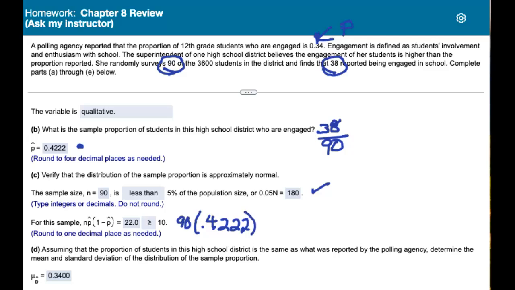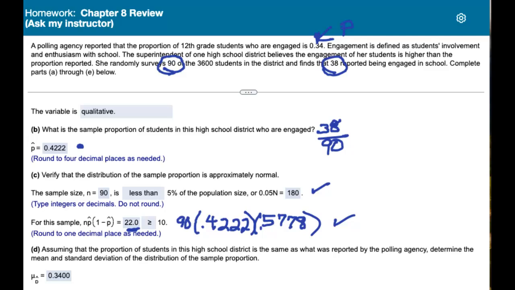And q hat is 1 minus p hat, so that's 0.5778. We multiply that together, and we find that it's equal to about 22, which is definitely greater than or equal to 10. That's our second test. We've got to perform those two tests first before we can say that we can use a normal distribution.